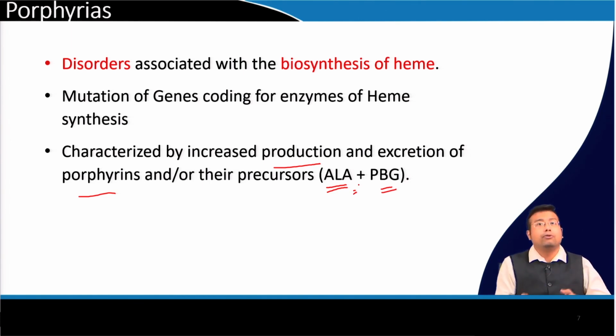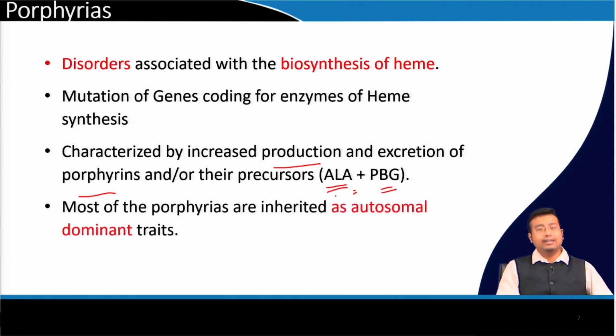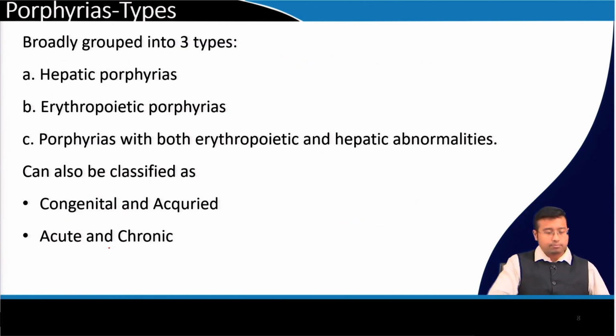So delta aminolevulinic acid and porphobilinogen are the precursors, right? How are they inherited? Most of the porphyrias are inherited as autosomal dominant, AD, very important, all right.